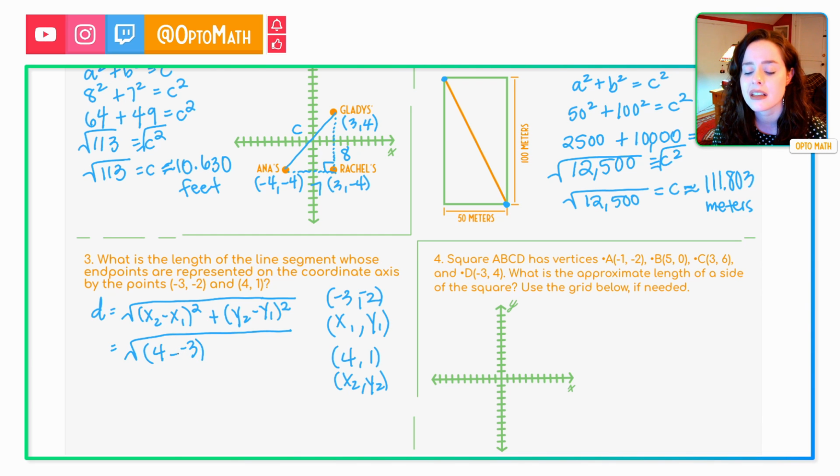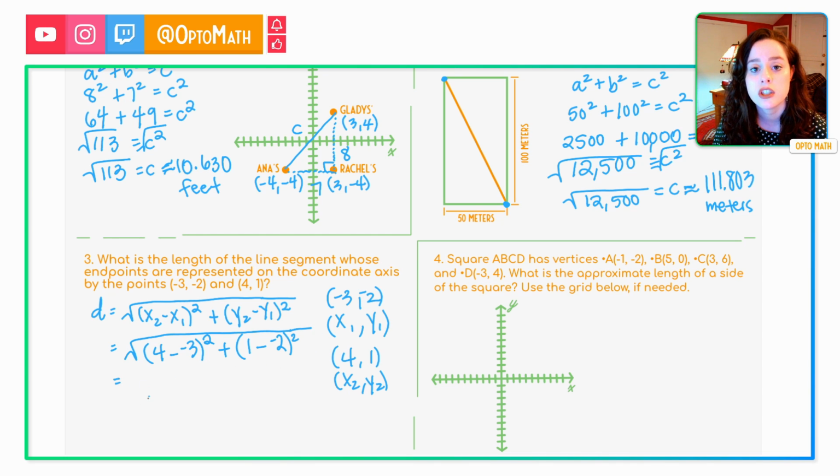So I wrote this minus sign because it's part of my formula way before I ever even looked at what my x1 was. Because if I didn't, I might just go ahead and write my -3, which is this coordinate, and then I might accidentally leave out this minus, and it would be 4 - 3 instead of 4 + 3. So be very careful. And then we've got plus y2, which is 1, minus, see, I'm writing that before I look at my y1, -2, which is good because it would mess up if I didn't have the minus there.